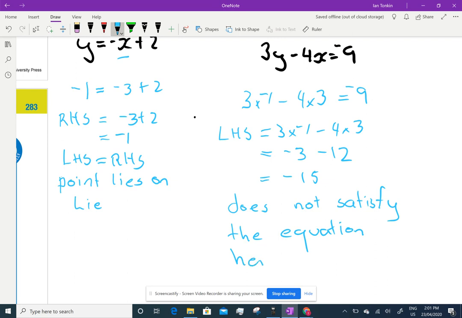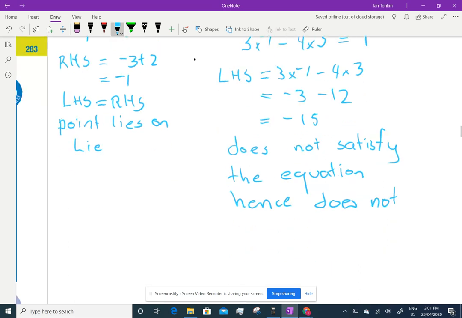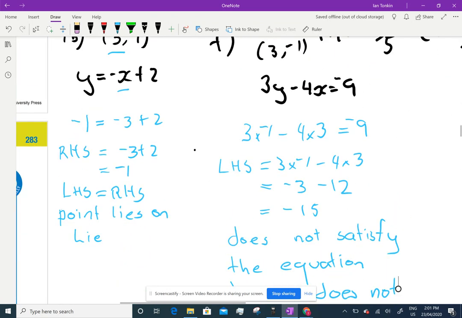Hence does not lie on the line. So all you're doing is substituting the values in to see if they satisfy the conditions of the line.